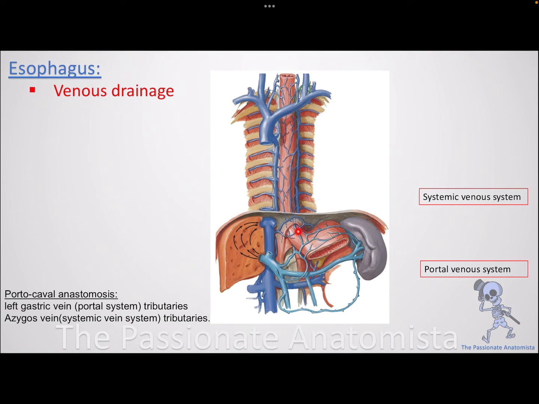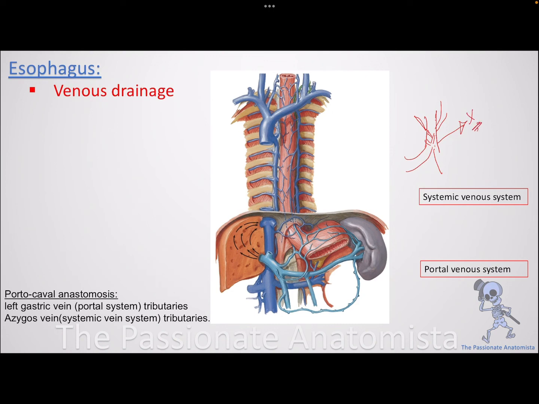The problem here is that we have anastomotic networks between the two systems. At the lower end of the esophagus, I have veins draining into the esophageal system, and I have veins draining into the left gastric, but I have channels between them. Normally, these channels are closed.